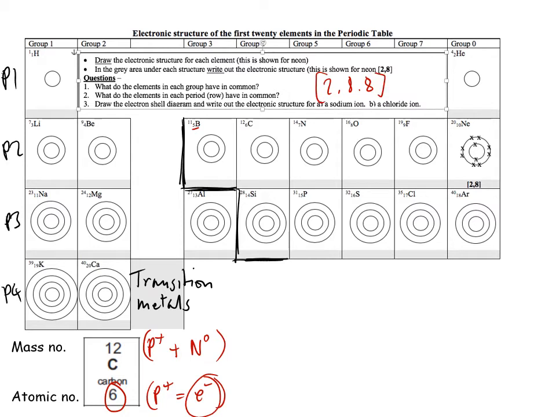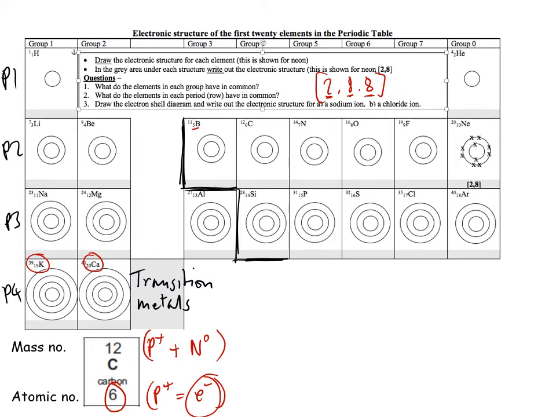That means in the first shell, you can fit up to 2 electrons, in the second shell, 8 electrons, then in the third shell, 8 as well. Then your remaining ones are just going to go on the fourth shell, but that's just for potassium and calcium.